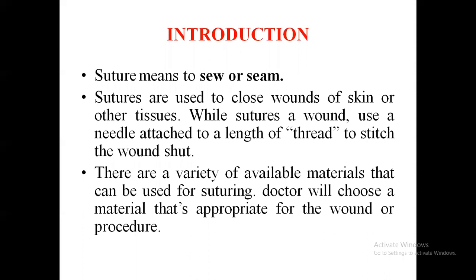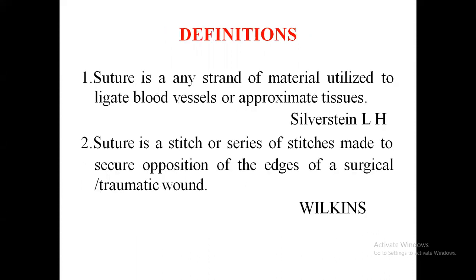And then there are various available materials. We can use many types of materials, which will be shown later. Now we come to the definition of suture. According to Silverstein, suture is any strand of material used to ligate blood vessels or approximate tissues. The human body is made up of cells, tissues, blood vessels.